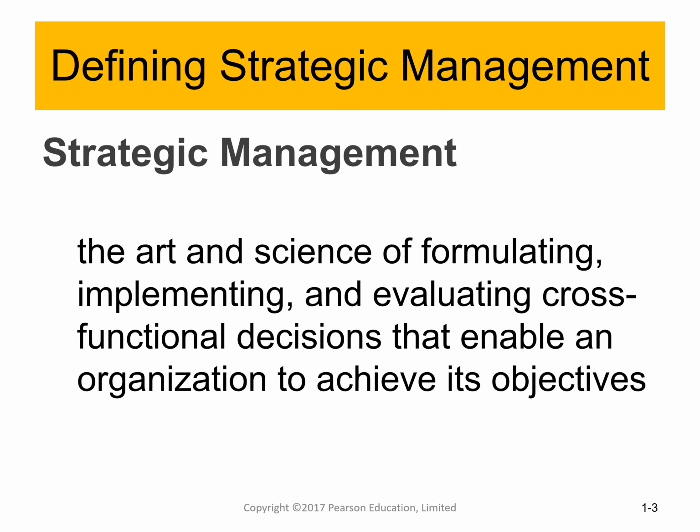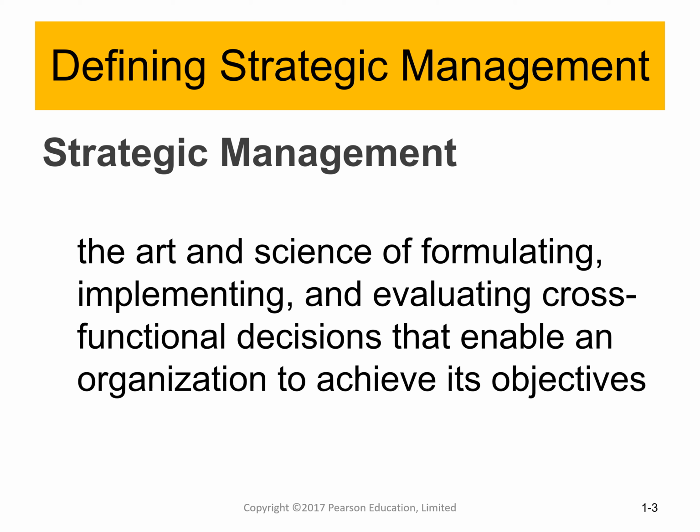Now, the first term that we are going to look at is a definition of the term strategic management. Many of us have come across this term. Basically, it means the management approach used in formulating, implementing, and evaluating cross-functional decisions that enable an organization to achieve its objectives.